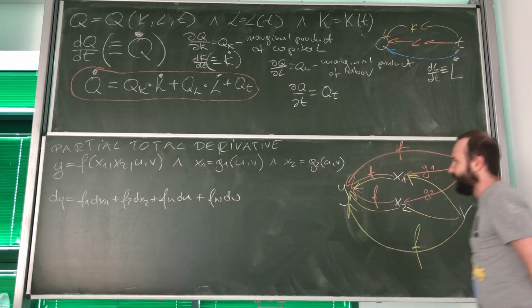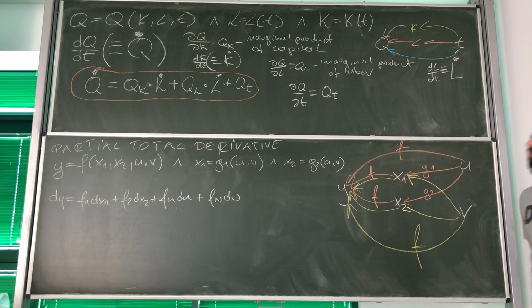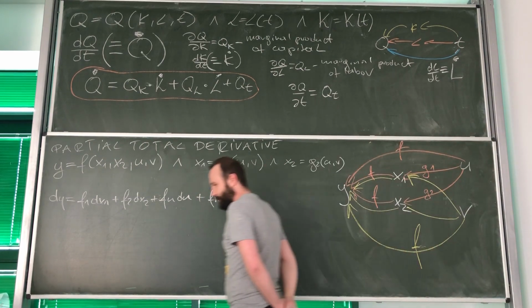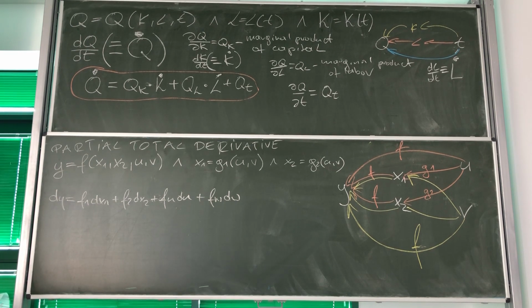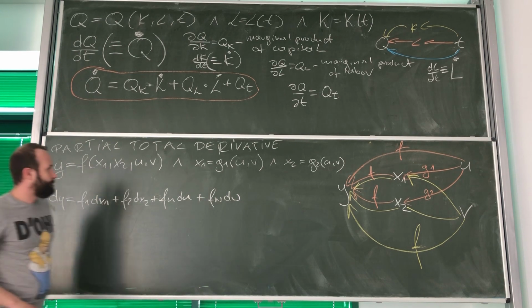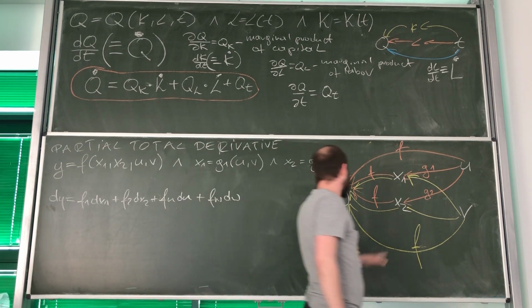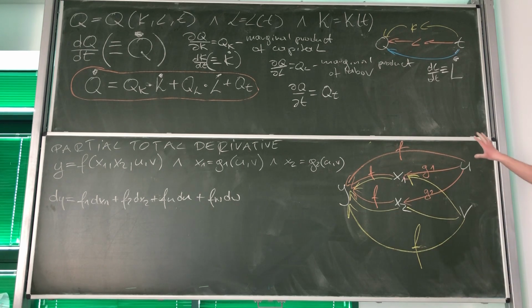Look, these are all the possible sources of change of variable y. However, we need to also take into consideration indirect channels, right? Which would make this thing very complicated.